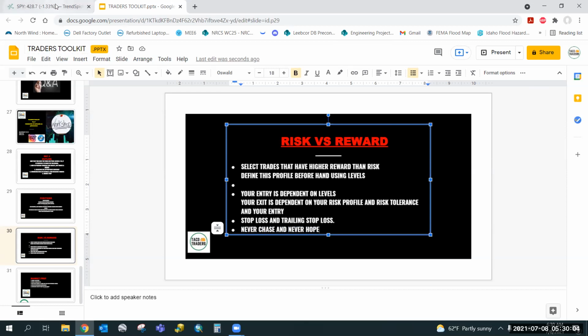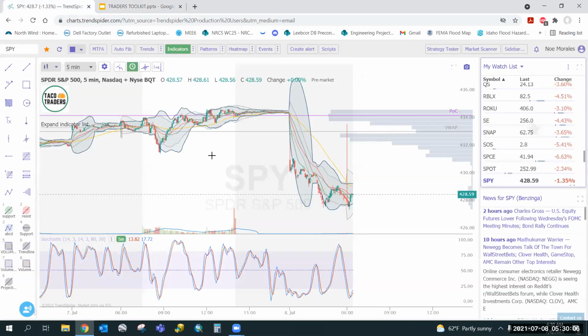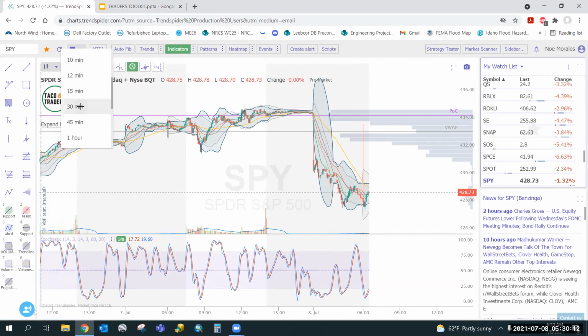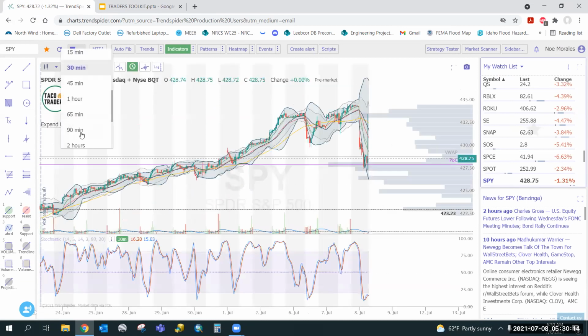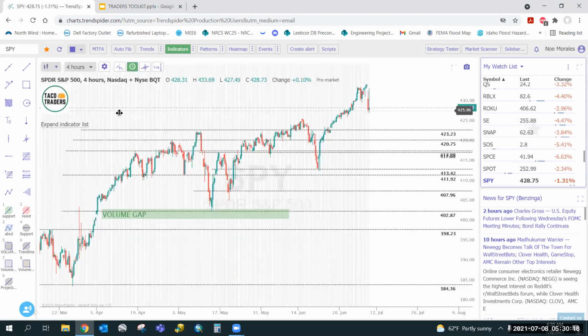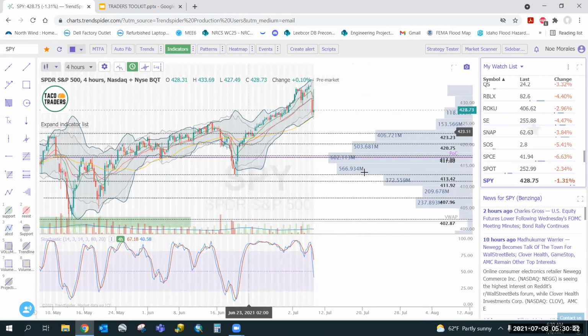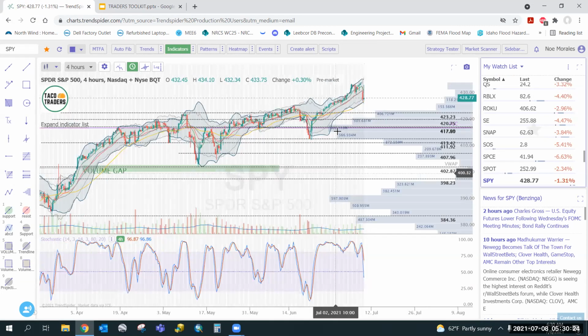But I'm going to give you an example, even just looking at SPY. Let's say you want to trade SPY, and you say, I think the market can keep going.